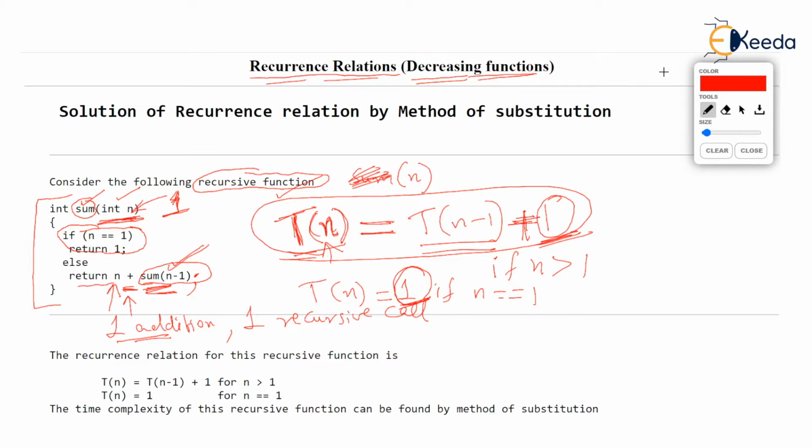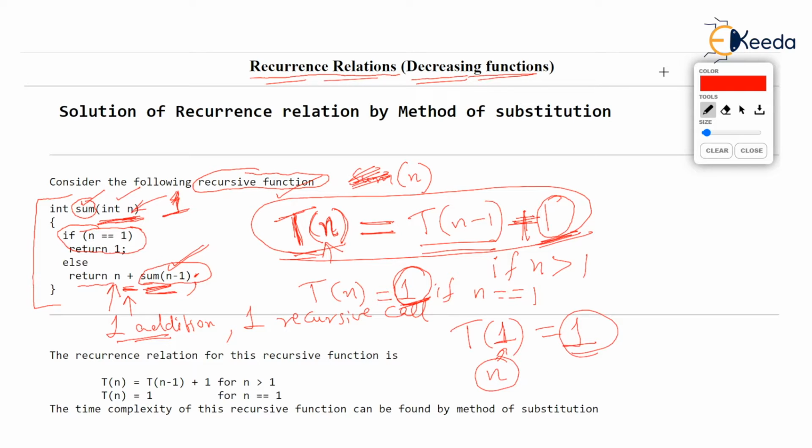Any way you look at it, it takes 1 unit of time, or there is one statement return 1. That is why we have said Tn should be equal to 1. It takes 1 unit of time if n is 1. So we can even say like this: T1 is 1, putting n as 1 here, isn't it? If n is 1, then time complexity T1 is 1. I hope you got this.